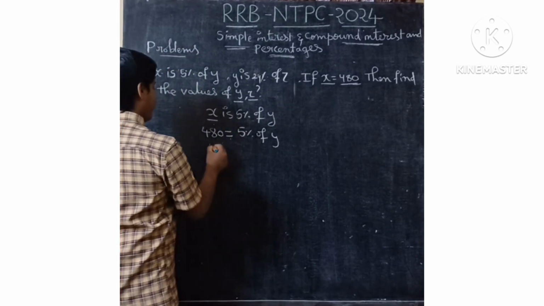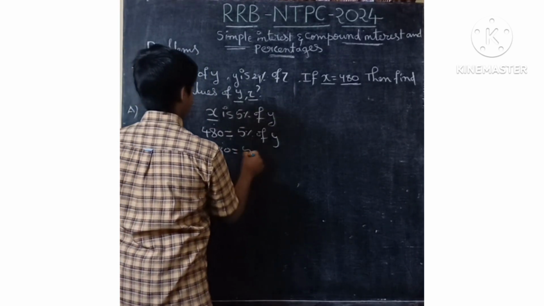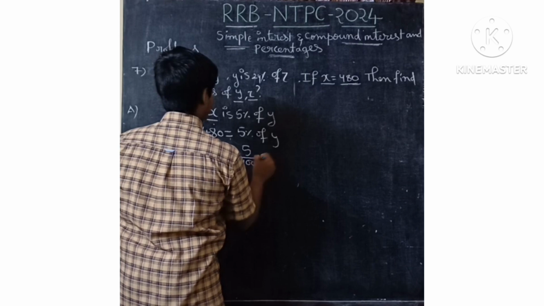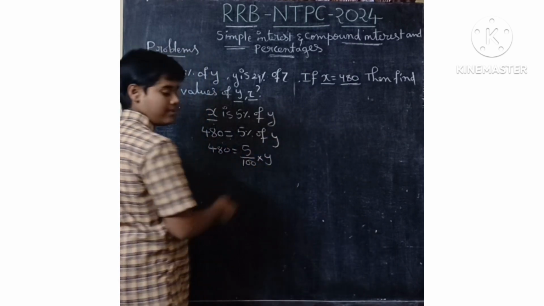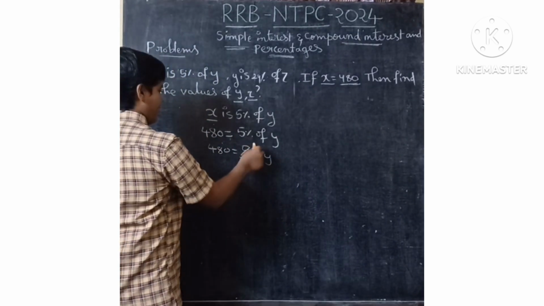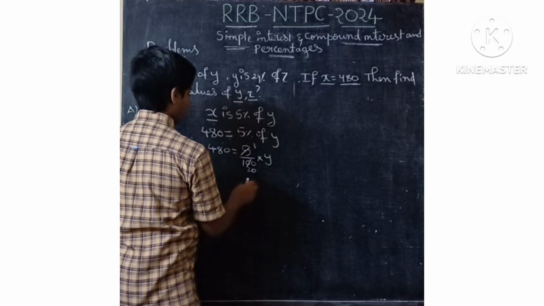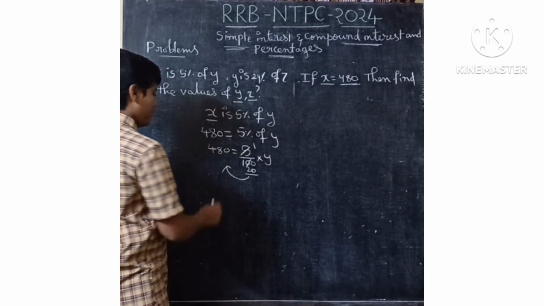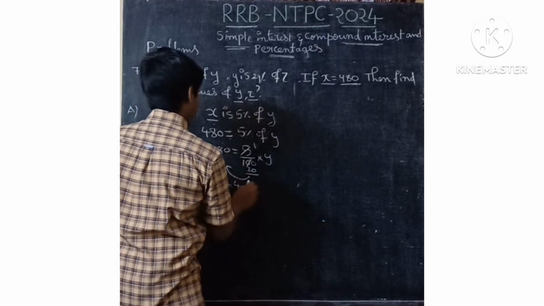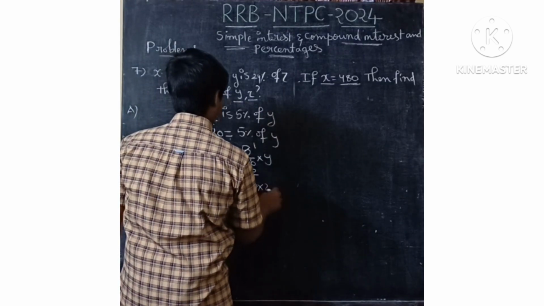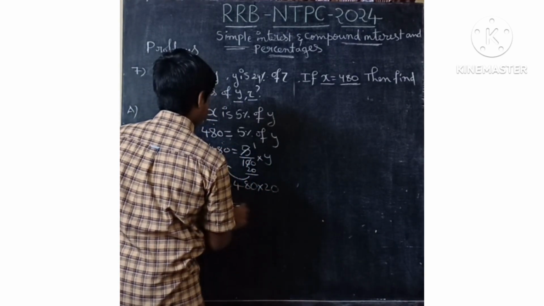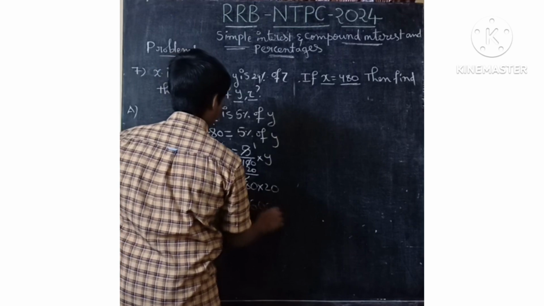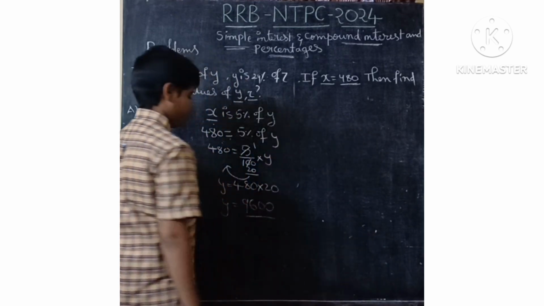So 480 is equal to 5 by 100 into y. Of means into. So 5 ones are 5, 20s are 100. So we have to transfer this term to this side, then we can get the y value. So y is equal to 480 into 20, which means 9600. So this is the y value.